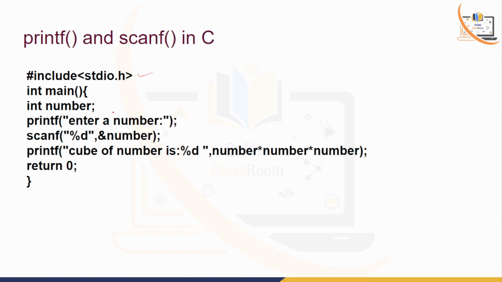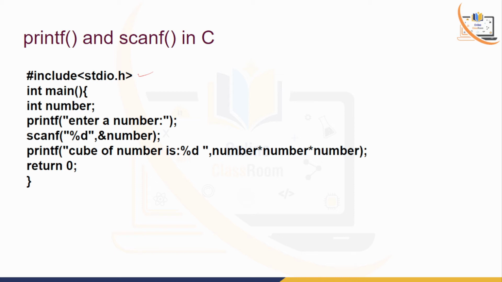It means it is a header file, so we can say it is a library file. #include means we have to include some library files in our code, because otherwise your compiler, or your computer, cannot understand the definition of printf and the definition of scanf, right?